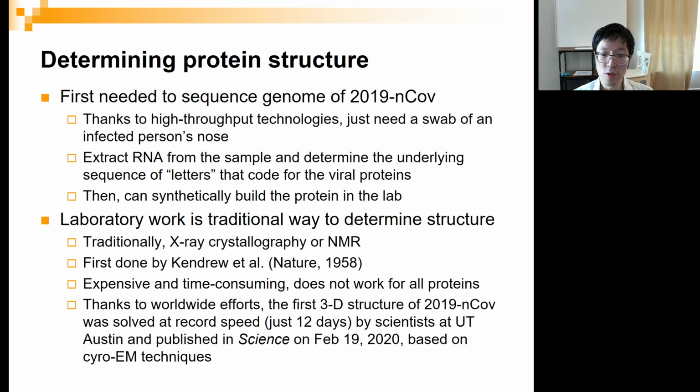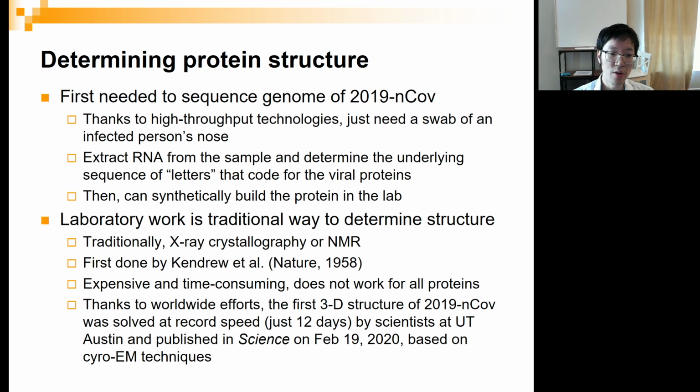So to give a specific example, the S or spike protein, the spike glycoprotein for the novel coronavirus that I showed you, was actually solved in a lab environment in what we would consider record speed, thanks to efforts around the world. The first lab to be able to do it was a team of scientists at UT Austin. They were able to do this in just 12 days, which is extremely fast for structure determination.